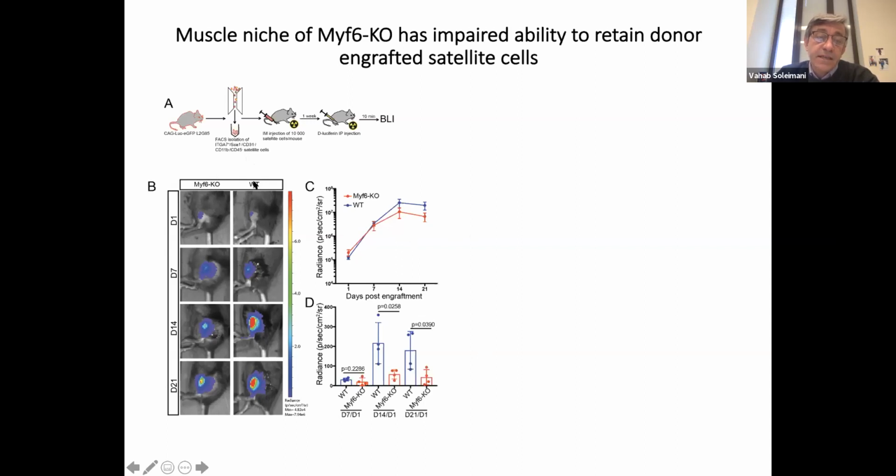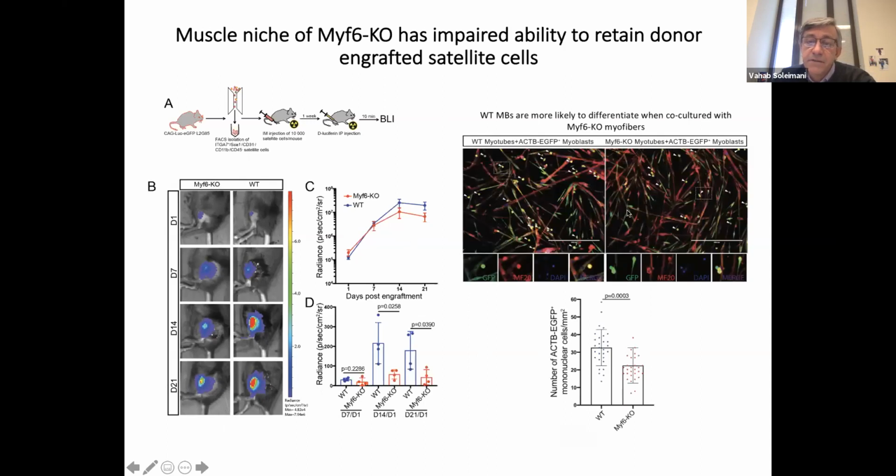And what we can see is that the MIP6 KO muscle is incapable of maintaining muscle stem cells, or engrafted muscle stem cells, meaning that it's not the cell that is defective, it's the muscle that is defective. We can actually show exactly the same thing in vitro by culturing these cells with the various reporter cells.